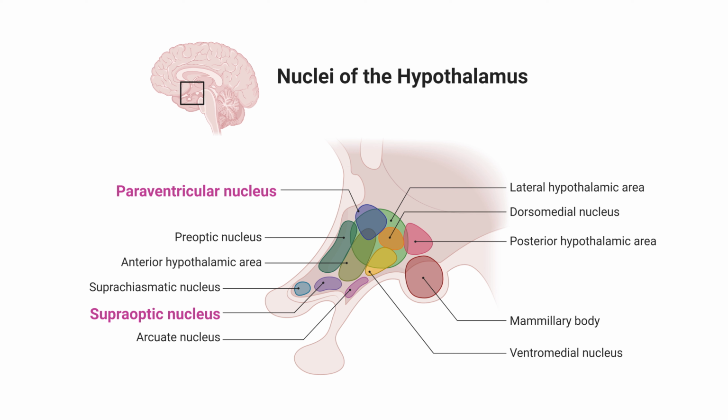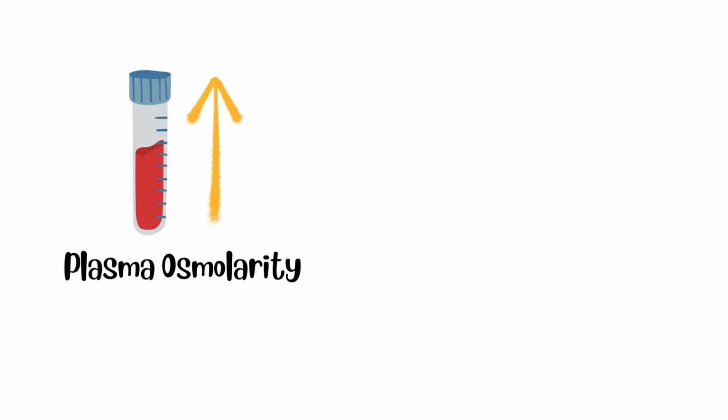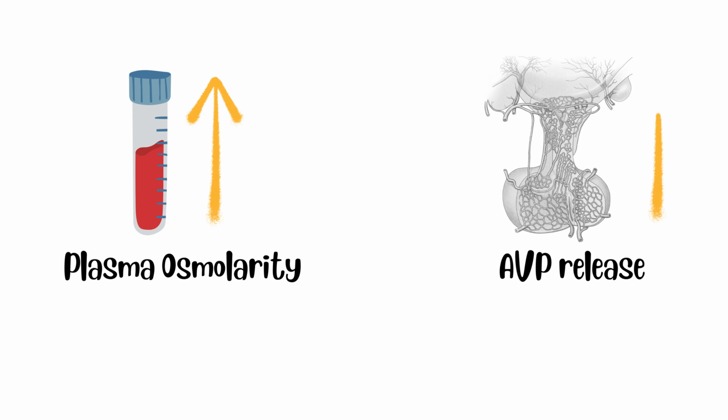The osmolarity sensing center, located in the hypothalamus, regulates the release of AVP via relay neurons projecting to the cell bodies of the supraoptic and paraventricular nuclei. There is a linear relationship between plasma osmolarity and plasma AVP levels, such that significant increases in plasma osmolarity cause a corresponding increase in plasma AVP.